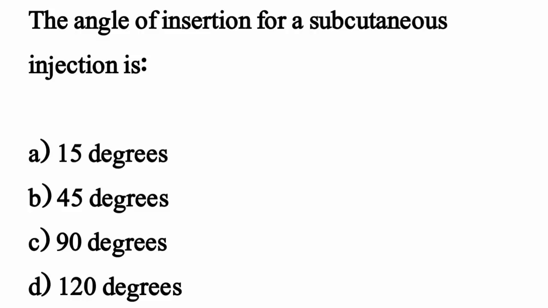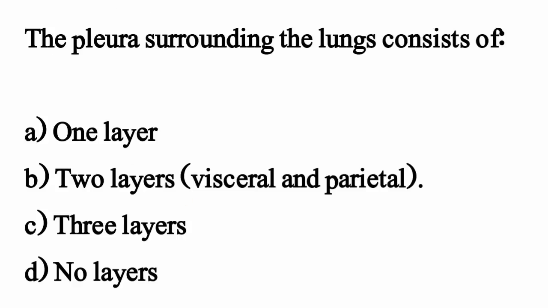The angle of insertion for a subcutaneous injection is, the correct option is option B, 45 degree. The pleura surrounding the lungs consist of, the correct option is option B, 2-layer.